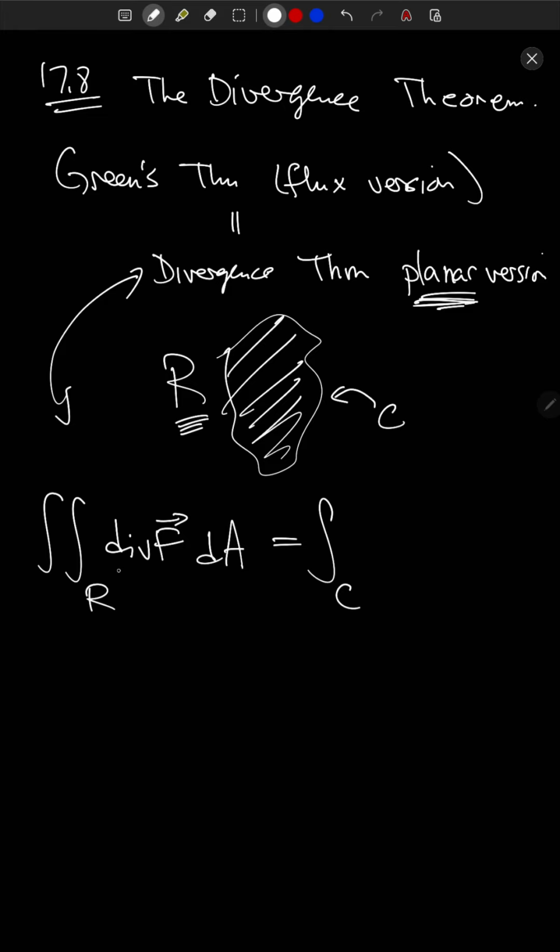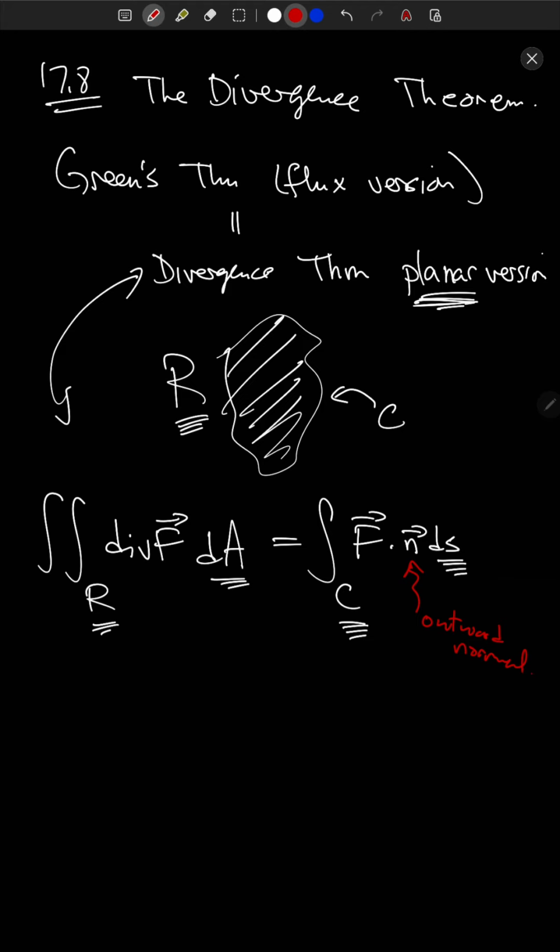And on the right-hand side, instead of having the derivative of that thing, the derivative has disappeared. Okay, so here it's going to be F dot n ds, right? And the right-hand side, again, is a one-variable line integral, ds. Okay. All right, this n right here is the outward normal.